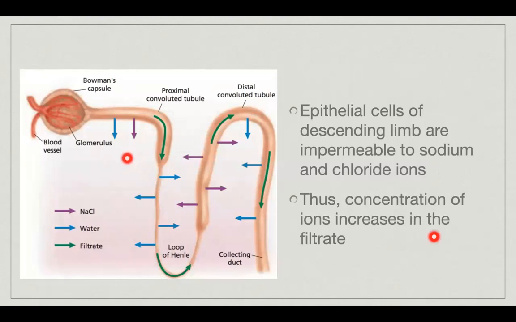That means that the concentration of water out here is decreasing, which means as you go down the loop of Henle, water is going to move out by osmosis. That means inside the filtrate, your concentration is increasing as you go down because you have less water. It's in the space outside.